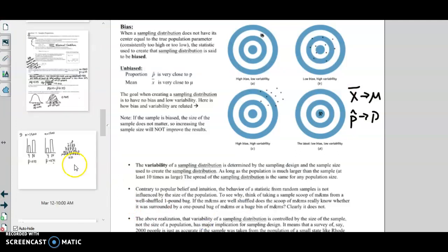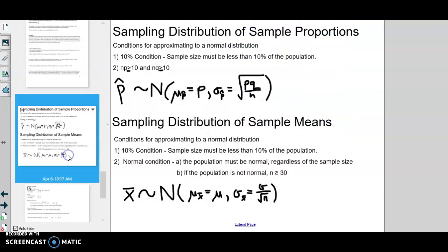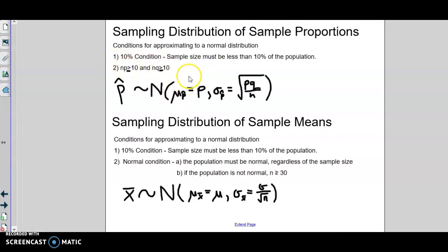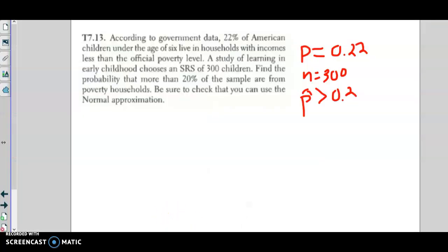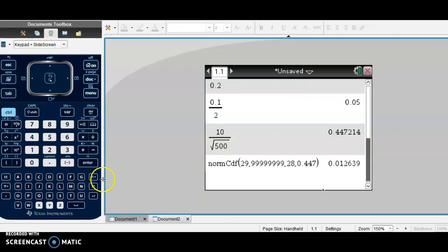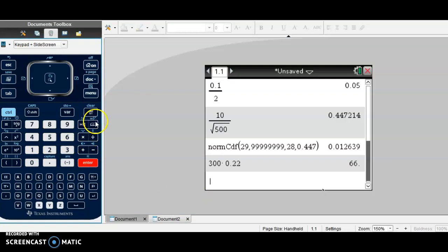So for the normal condition for proportions, I'm going to do np and nq. So for this, the sample size was 300 times 0.22. I get 66, that's bigger than 10.